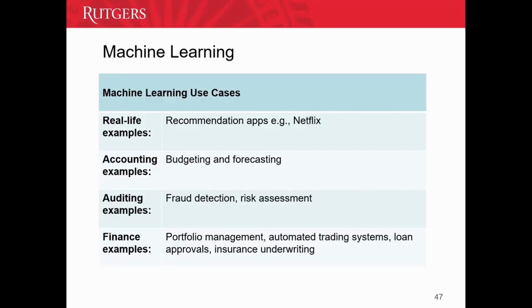And assign you to a particular group. For example, if you like action movies, you will be assigned to the action movie group, right? So that is a descriptive task that the recommender app has performed. Then after that, once it knows who you are, it has described you as an action movie watcher. The next thing is that it will try to predict what future movies it should be recommending for you.